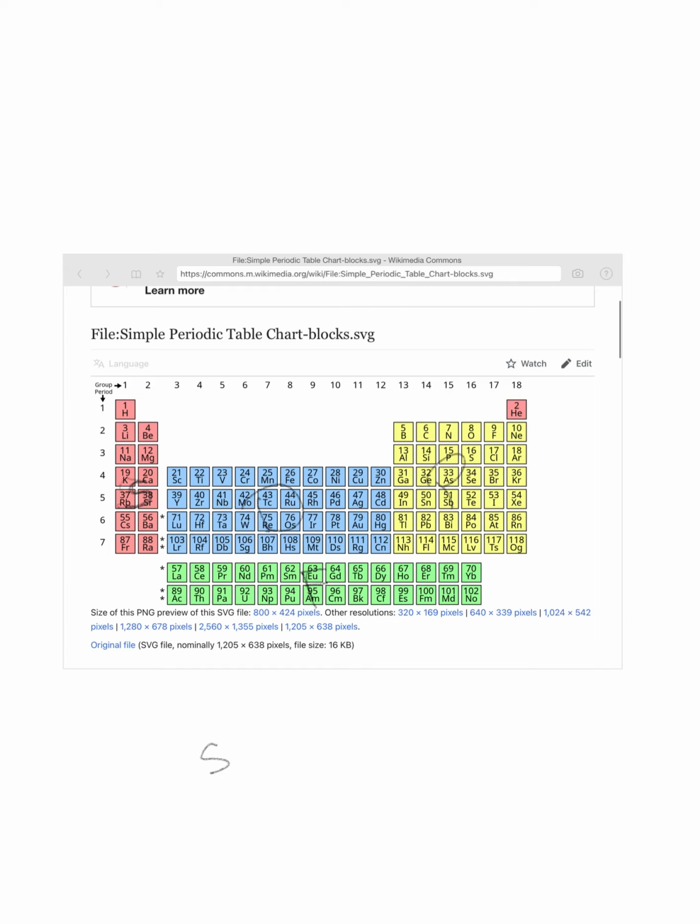And then 3 through 12, right? This is the D block. And then groups 13 through 18, with the exception of helium, that's the P block. And then down here, the lanthanides and actinides, these are the F block.